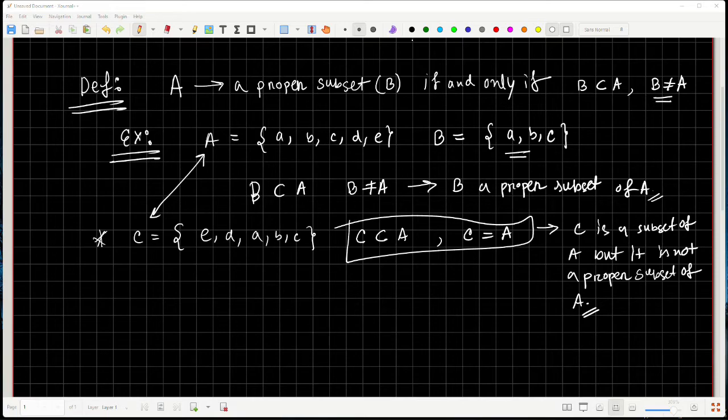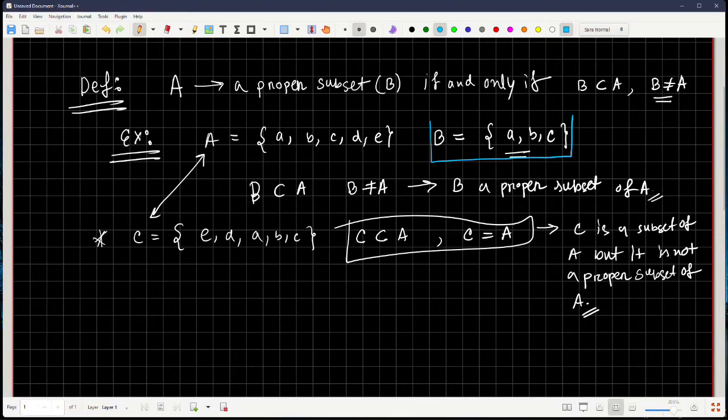For example, over here B contains 3 elements, but not all the elements of A. So first you have to check whether B is a subset of A, and then check whether it's equal to the given set. If it's not, then you can call B a proper subset of A.